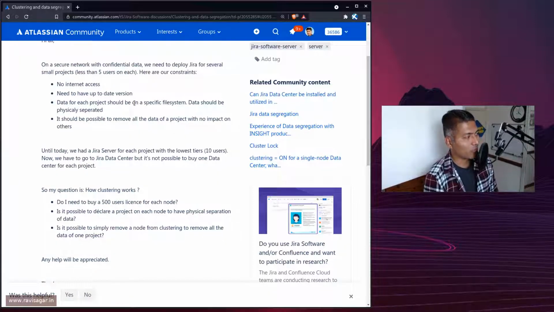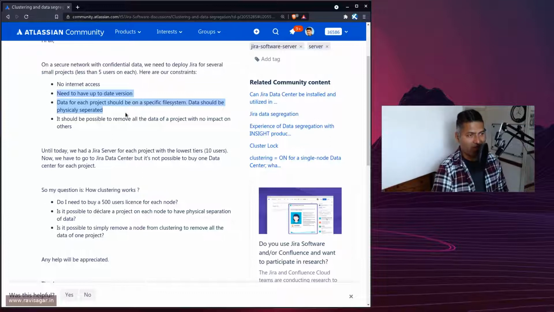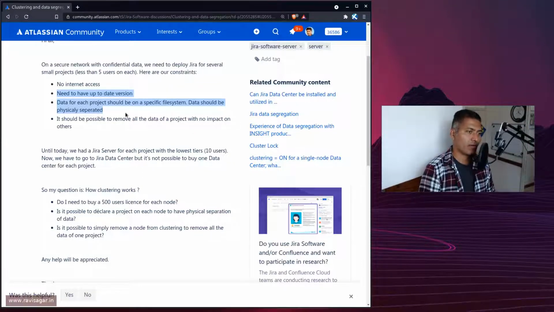And they cannot really move to cloud because they want their Jira instances to sit within their organization. So unfortunately, the only option that they have, if they want to continue to follow these restrictions, is to move to Jira Data Center.